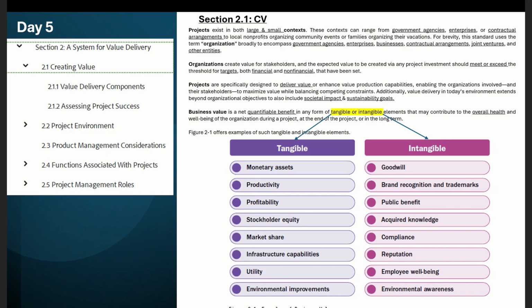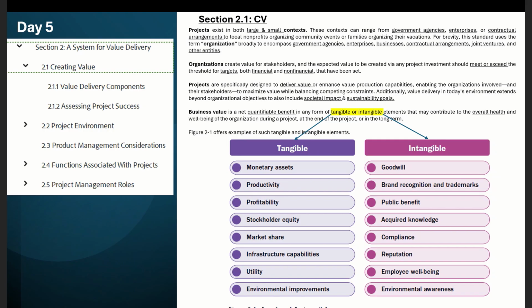For that reason, in this part you can find all the business value that any kind of product will provide in any kind of organization. It's very important that you can recognize whether a value is tangible, for example productivity, market share, etc., or intangible like compliance, reputation, or similar characteristics.